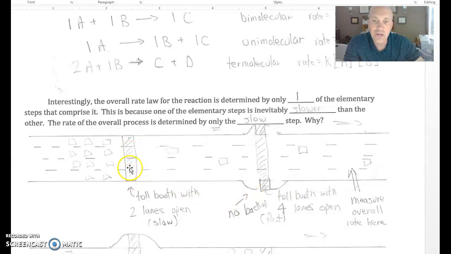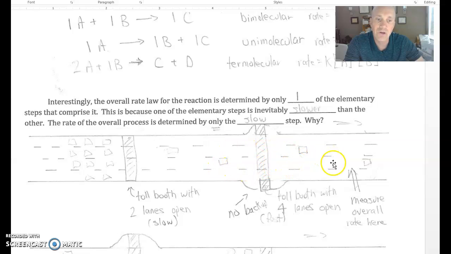All right. So the first scenario we're going to have is where the first toll booth that you come to is actually the slow toll booth, and the second toll booth is actually really fast. So what would end up happening there? You would get a backup of cars right here, and they would only let cars through at a certain rate. But since the second one is the faster toll booth, the cars would essentially be able to make it through there as fast as they could get there.